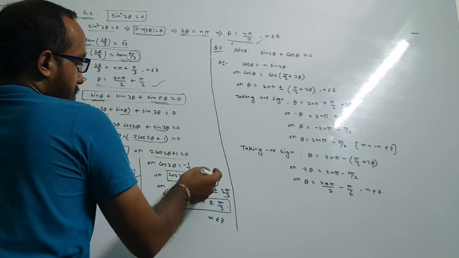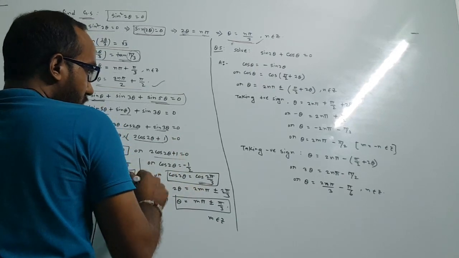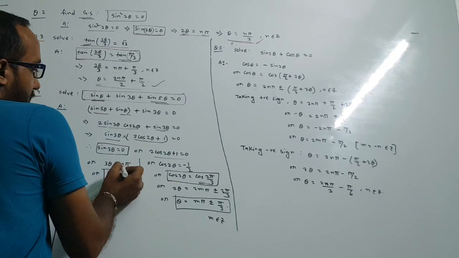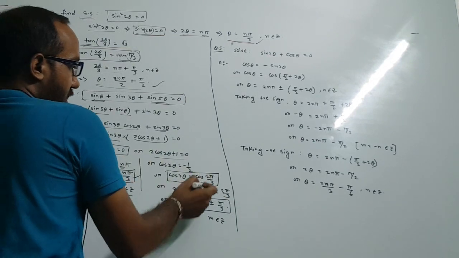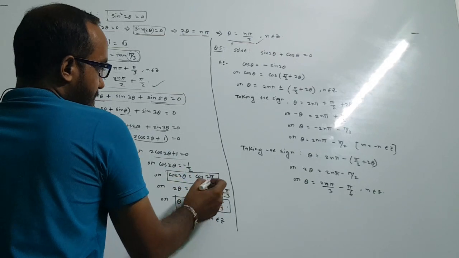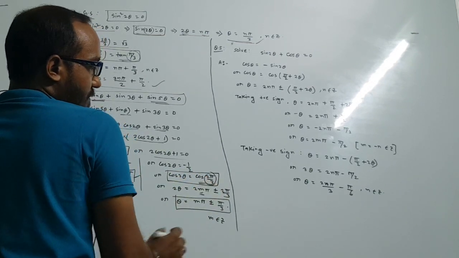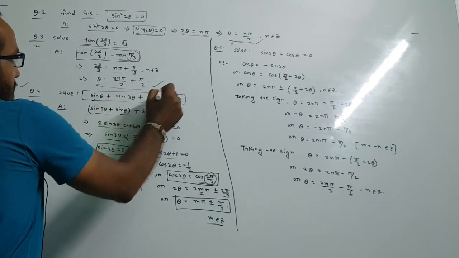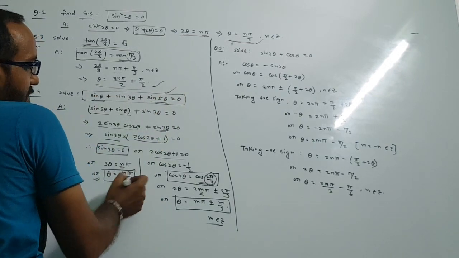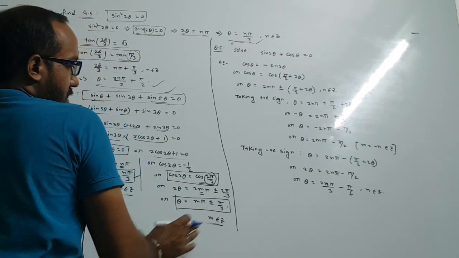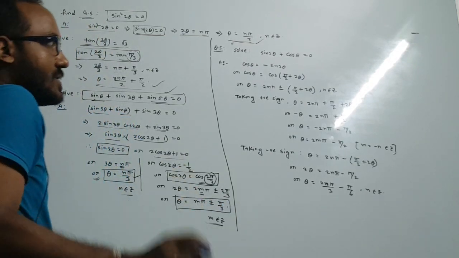We know if cos theta equals cos alpha, then theta would be 2n pi plus minus alpha. As we have written down n already, so take m here, 2m pi plus minus alpha. What is alpha? 2 pi by 3, where m is an integer. So this equation has two solutions. Either theta equals n pi by 3 or theta equals m pi plus minus pi by 3. M and n are different integers.